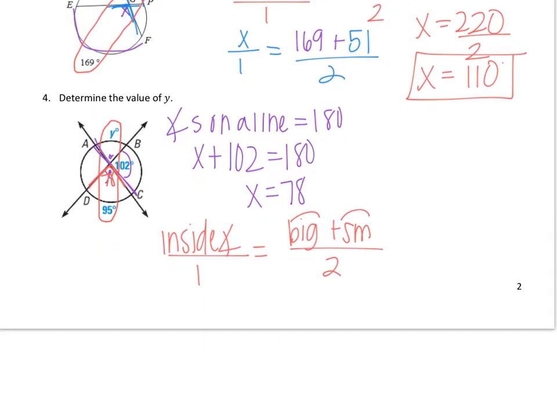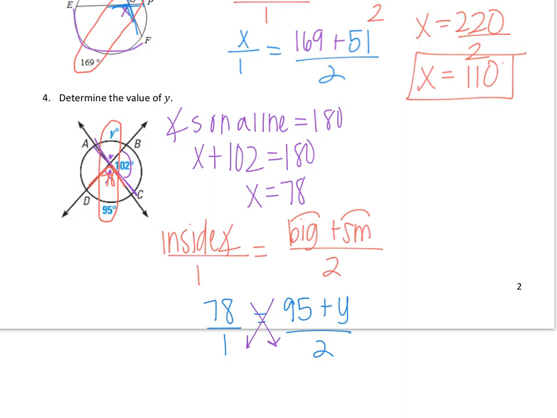Once you have the same exact equation as me, start plugging in so that you can solve for y. Make sure to plug into the appropriate spots. If you have an angle, put that in the angle spot. If you have an arc, put it in an arc spot. When I plugged in, I have 78 representing the angle over 1 equals 95 plus y over 2.